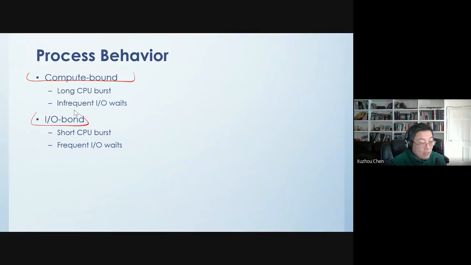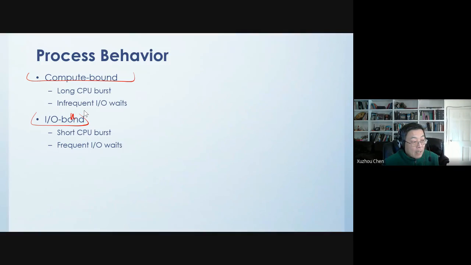Some of the processes are CPU bound. I just missed the U here. So the compute bound process spends more time on the CPU. The I/O bound process spends more time on the I/O devices.